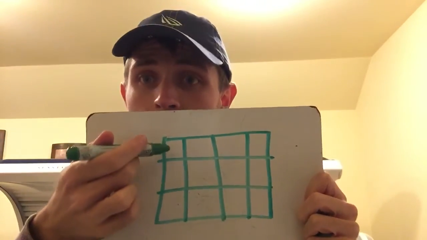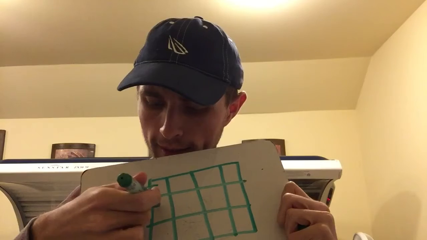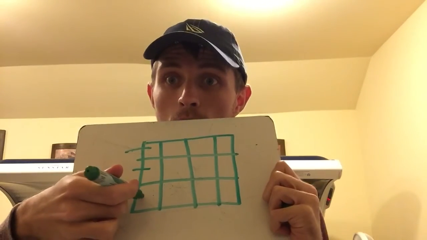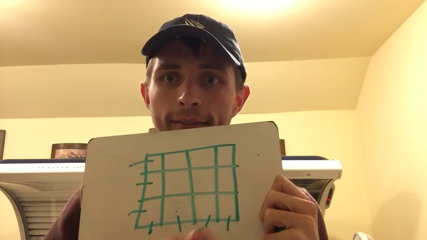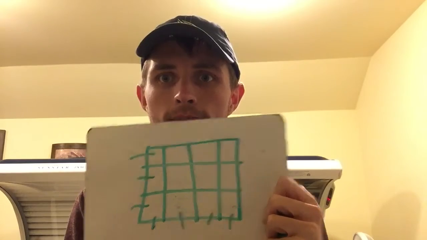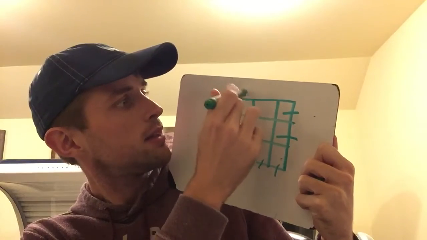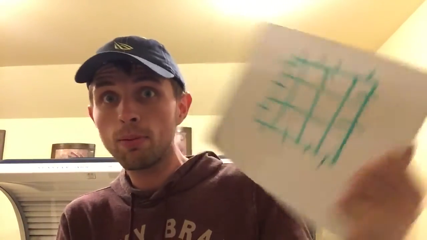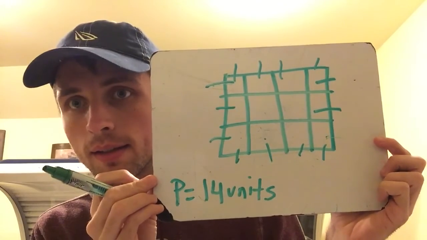So my perimeter of this rectangle would be 1, 2, 3, corner pieces we count twice, remember? 4, 5, 6, 7, corner piece, 8, 9, 10, corner piece, 11, 12, 13, 14. So the perimeter would be 14. 14 what? 14 units, right? Because those are called unit squares. So perimeter would equal 14 units, right?